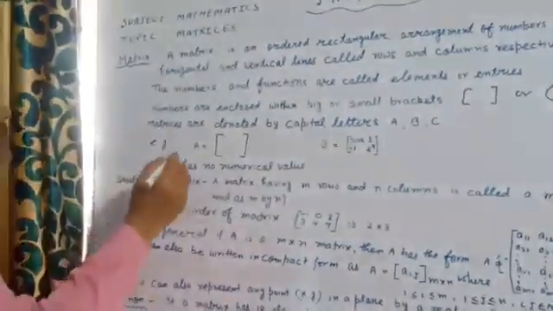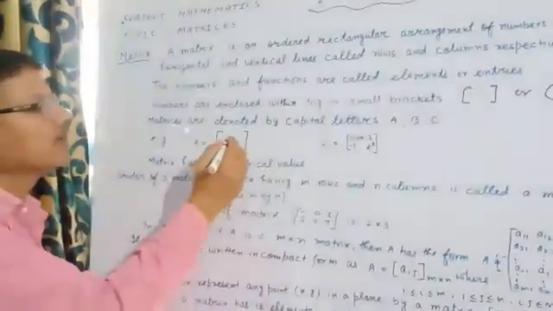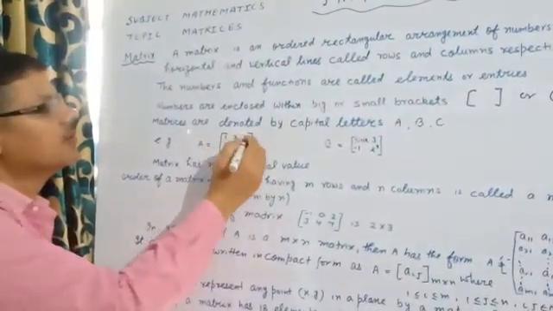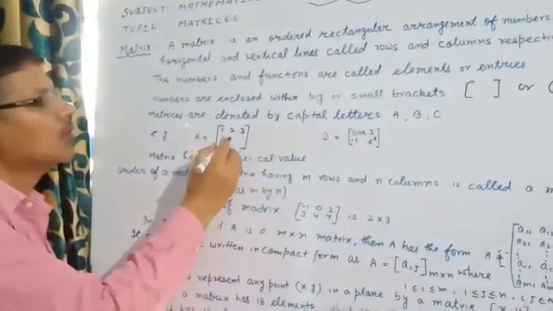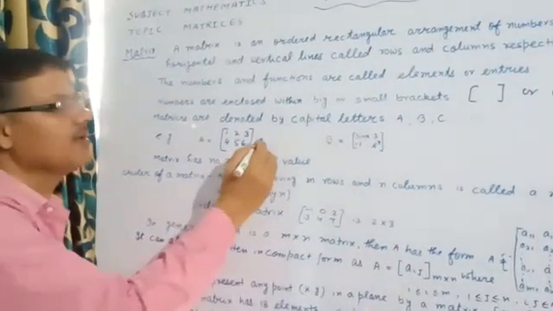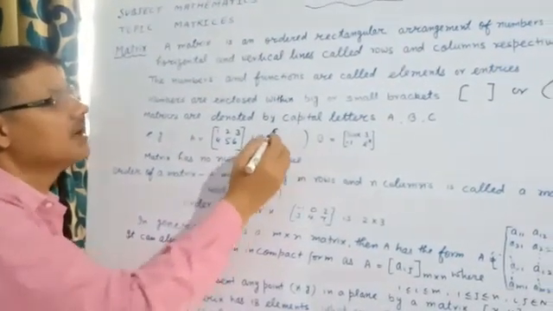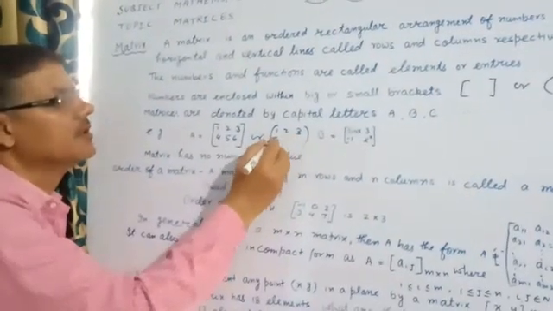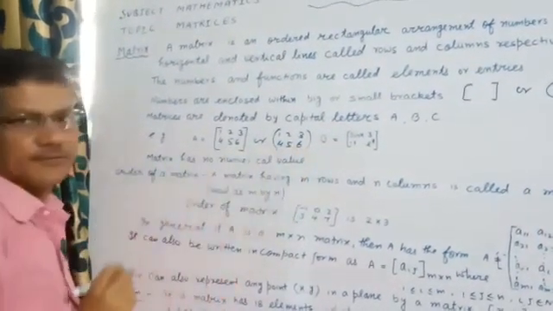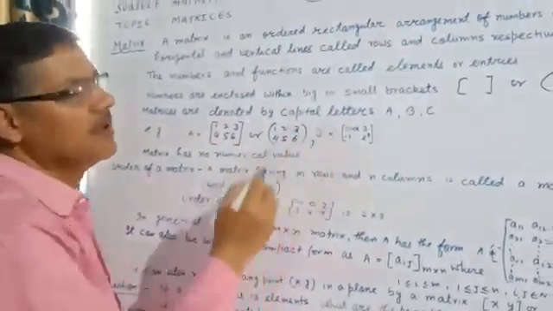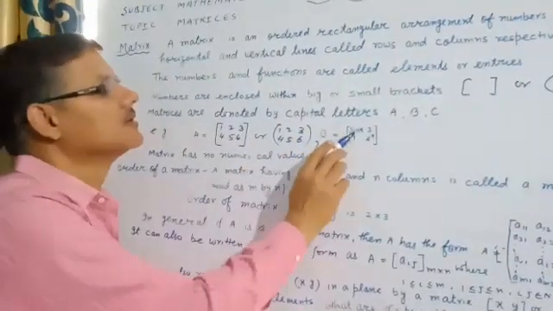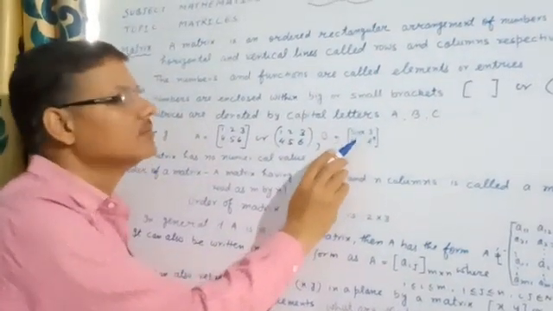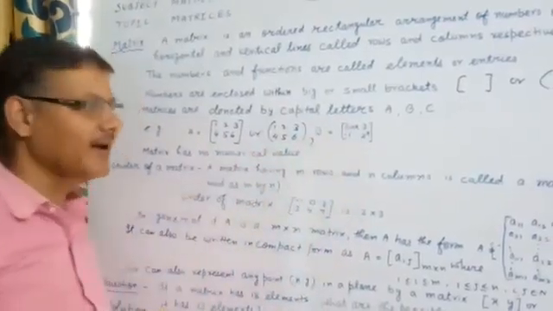Now, for example, we may write a matrix that is having the elements 1, 2, 3, 4, 5, 6. It may be written using a small bracket as 1, 2, 3, 4, 5 and 6. Another matrix B can be written as sin x, 3, minus 1 and e to the power x.